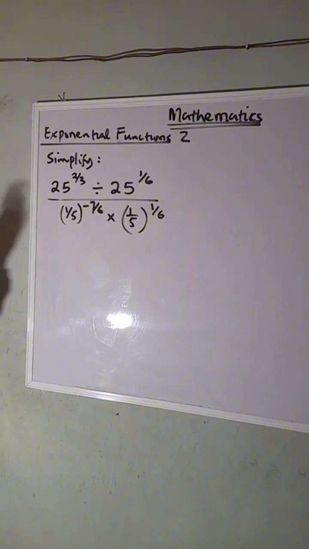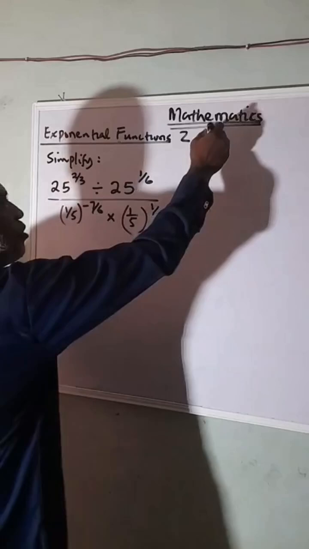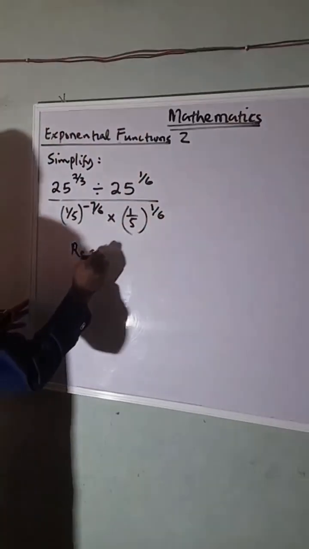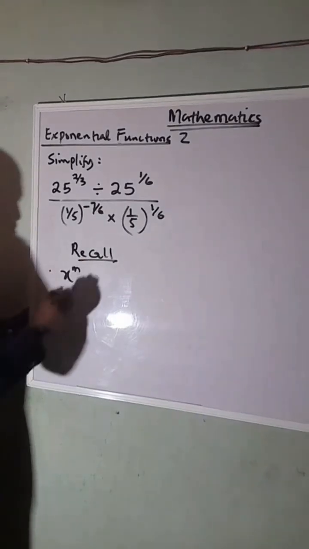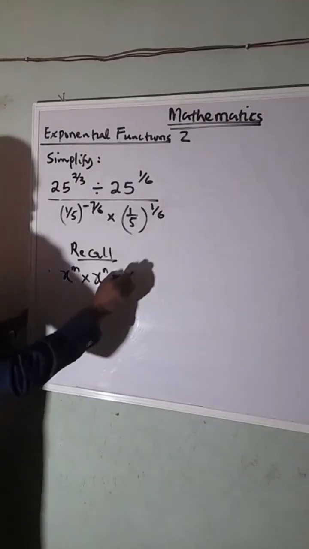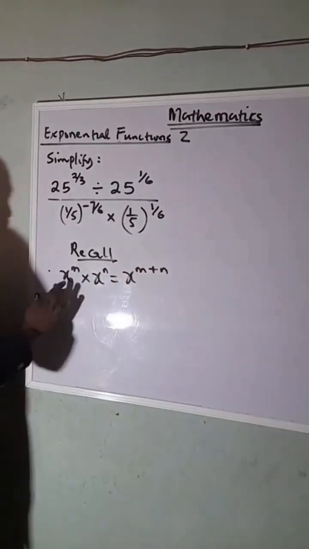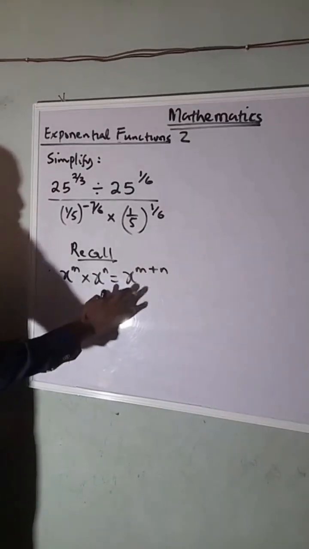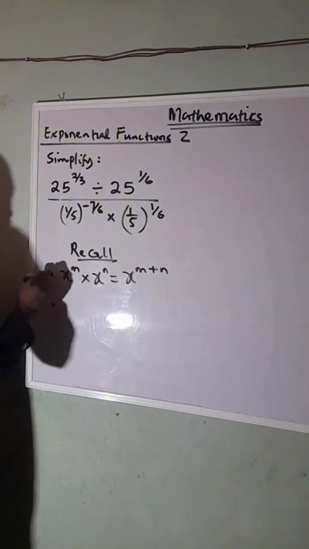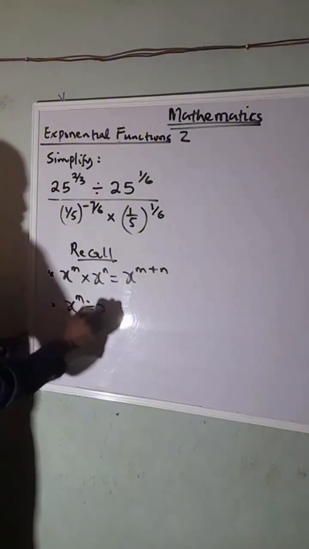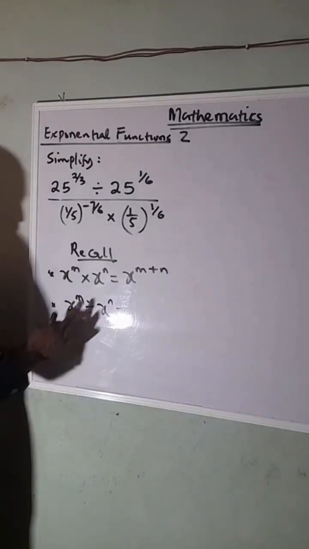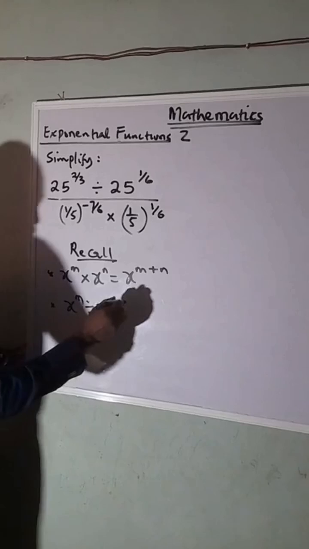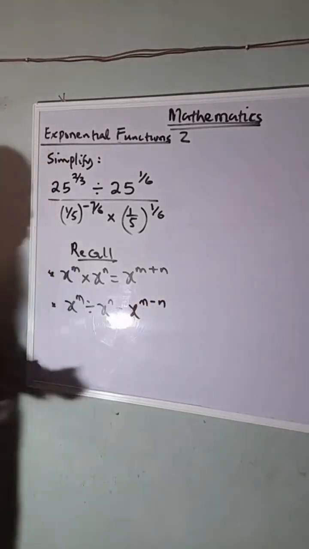Without wasting much of our time, from our laws of indices, recall this. First, x raised to the power of m times x raised to the power of n: the bases are the same, so write one of the base and join the powers together. Second, x raised to the power of m divided by x raised to the power of n: when the bases are the same and it is division, it turns to subtraction of the powers, m minus n.